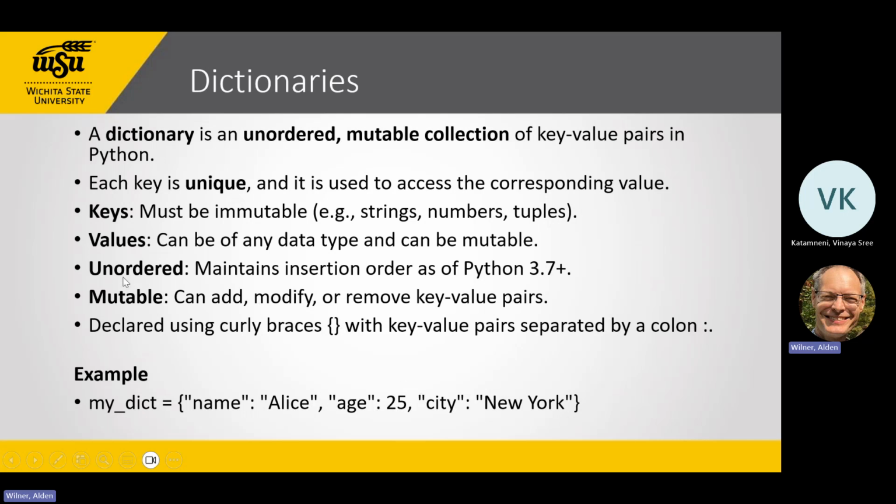And this is officially unordered. As of Python 3.7, it's ordered in the order in which you insert things. So if you create a dictionary and then add things to it later, it will not sort them so that age comes before name, or city comes before name.